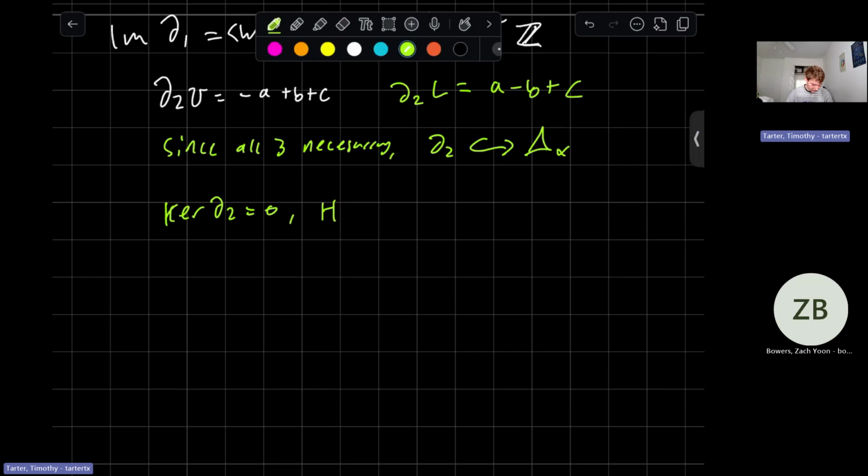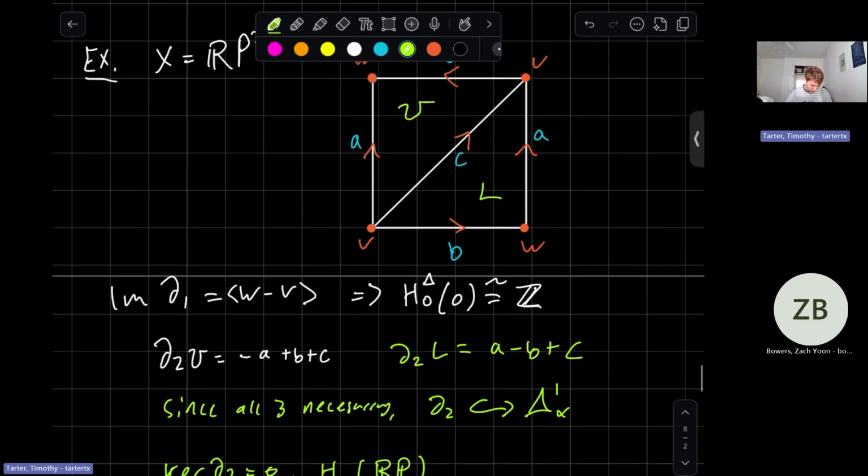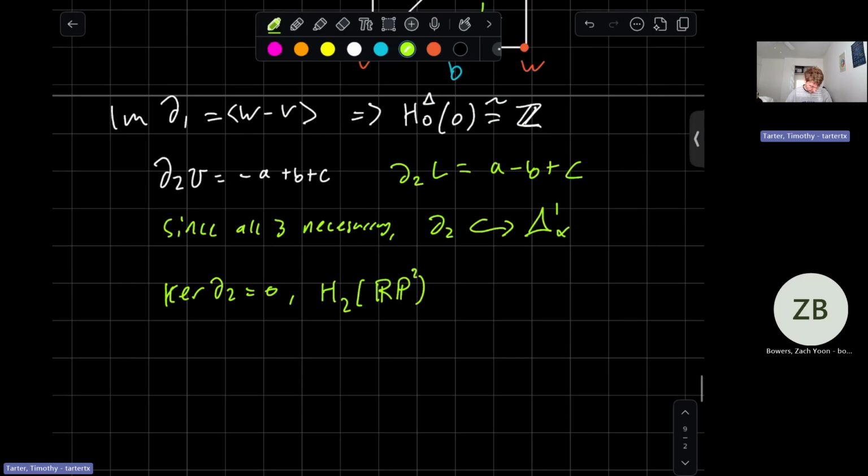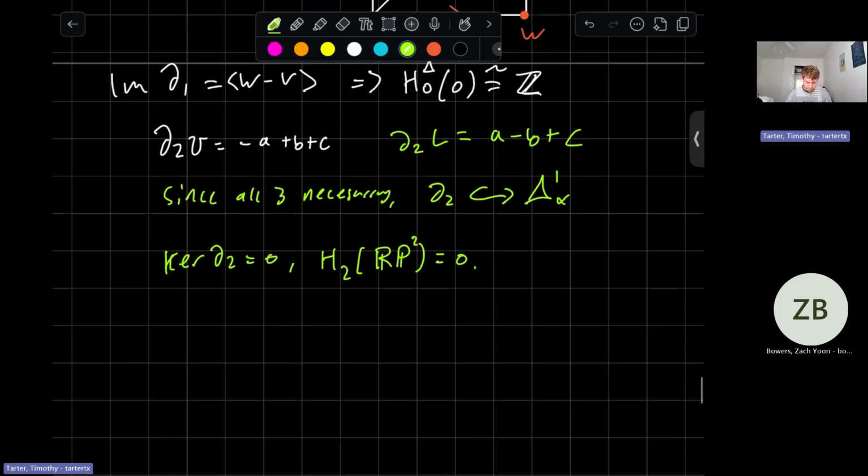No, sorry, this is to delta one. I'm thinking cohomology. So since it's injective, the kernel of partial two is zero, and H2 of RP2 is zero.